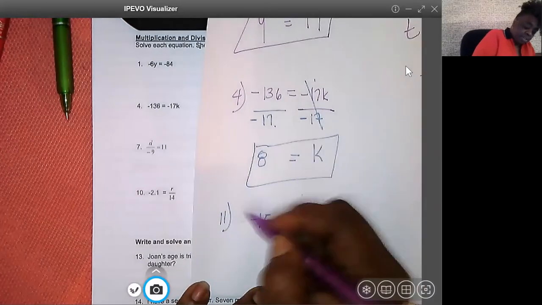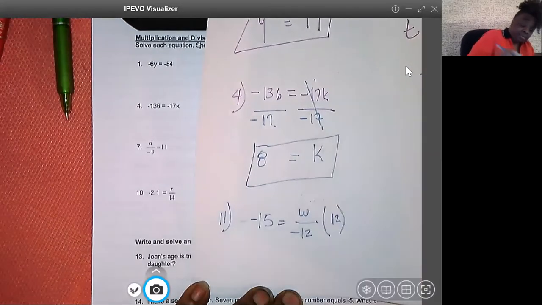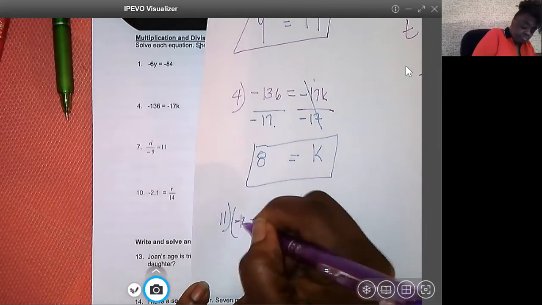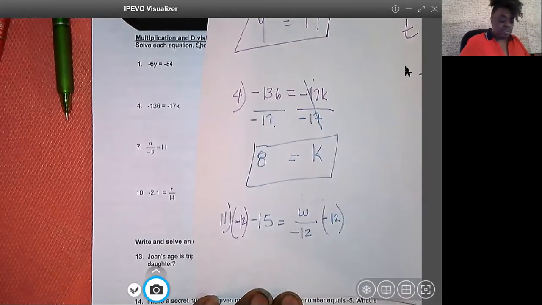And then we're going to multiply by negative 12. So then we'll multiply by negative 12 on this side. All right.